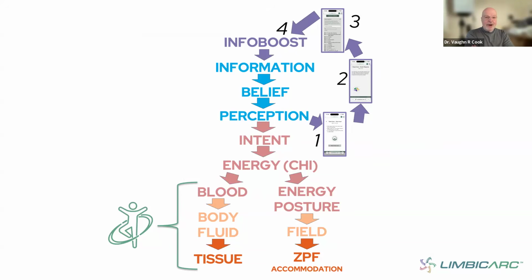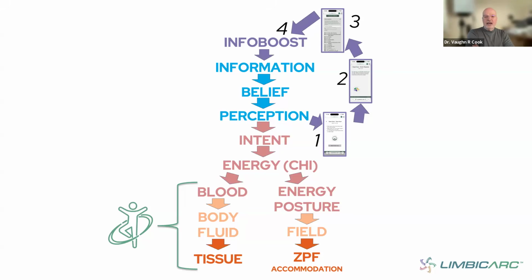And I think that most Limbic Arc users probably approach Limbic Arc from this point of view. The reason is that the library contains things that we're familiar with, that we use in the physical world to help us with physical problems. So you might have echinacea, that's in our library, and echinacea as an herb is used to stimulate immunity. That's one of its purposes.